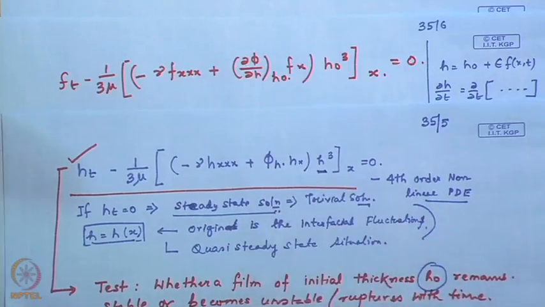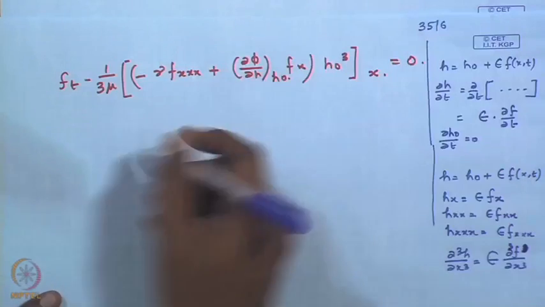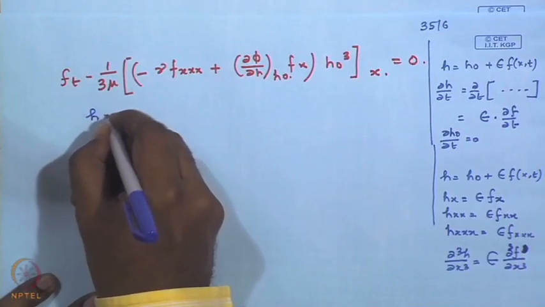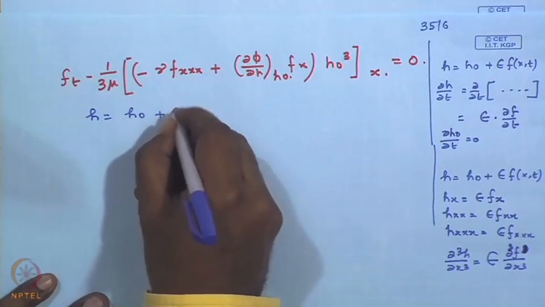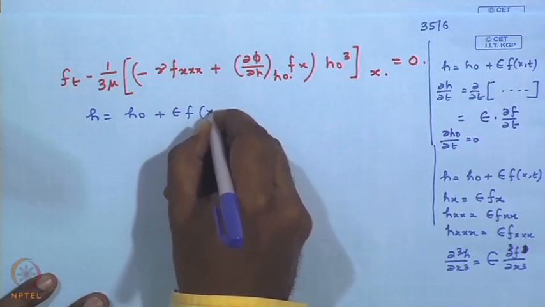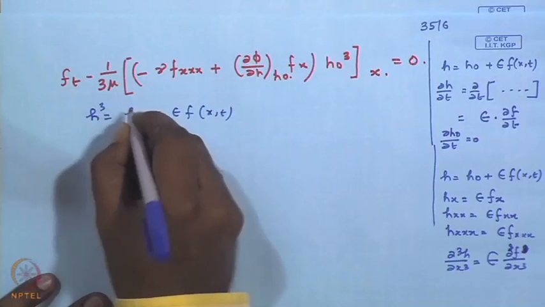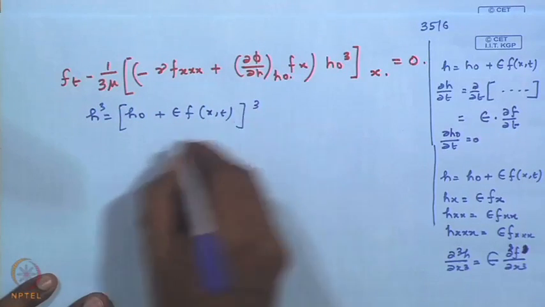One might argue, what about h cube? Well, you can write h equal to h0 plus epsilon f(x,t), then h cube becomes this whole thing cubed.